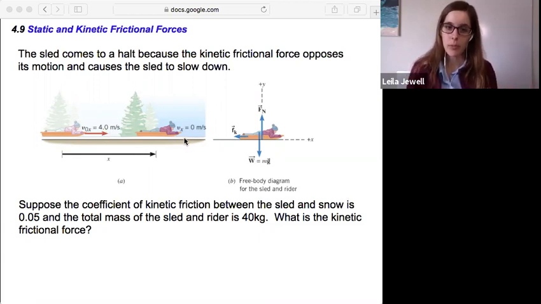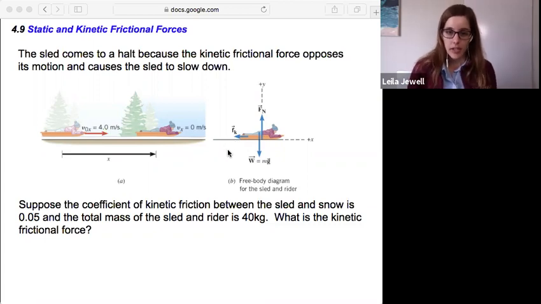So if we wanted to draw a free body diagram of this, we would draw our weight as before, mg down, the normal force, which is the surface of the ground pushing up on the sled so that the sled isn't sinking through the earth. And now we're going to add in the force of kinetic friction that is acting opposite the velocity of the sled in the negative x direction in this instance.